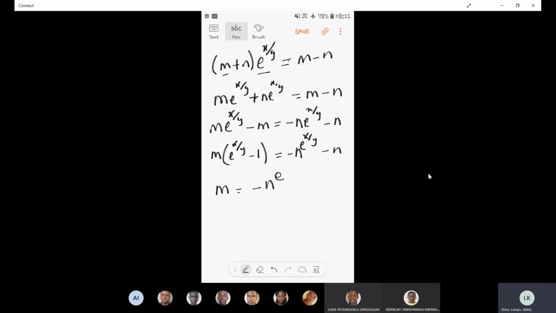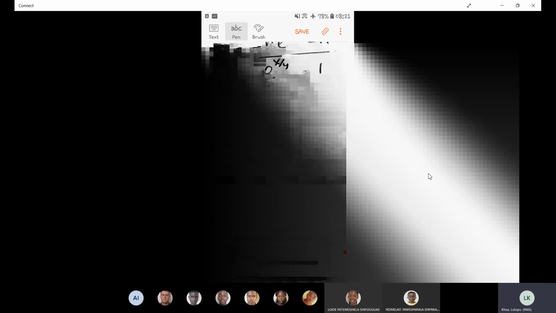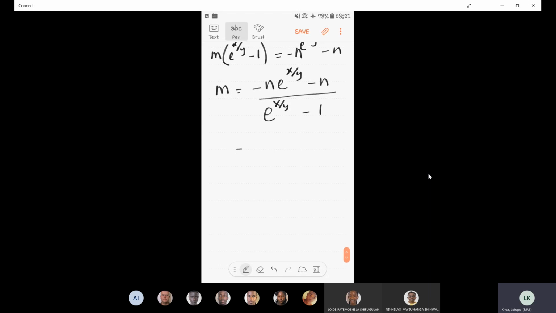e to the power of x over y minus n, and then I divide by e to the power of x over y minus 1. In this, I can actually rewrite it like this.